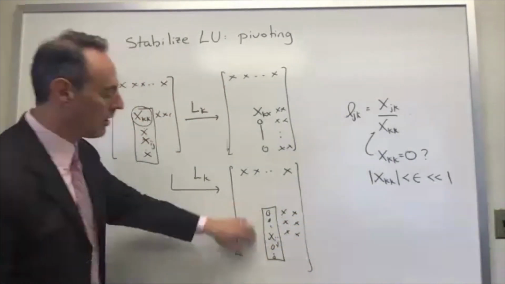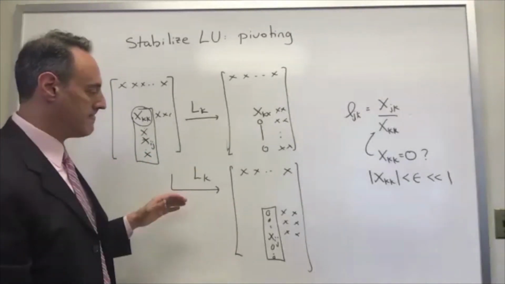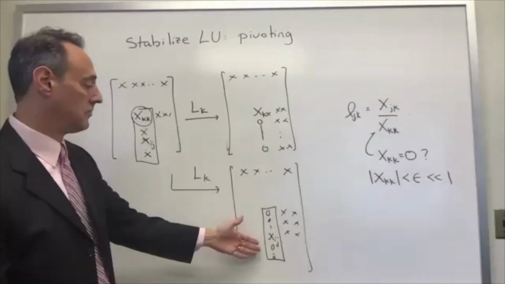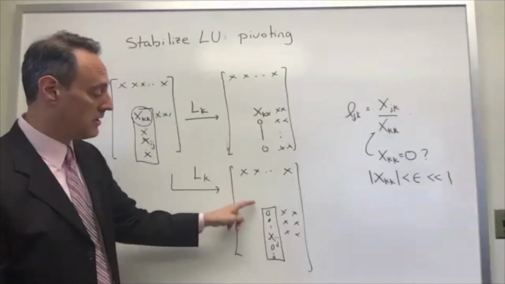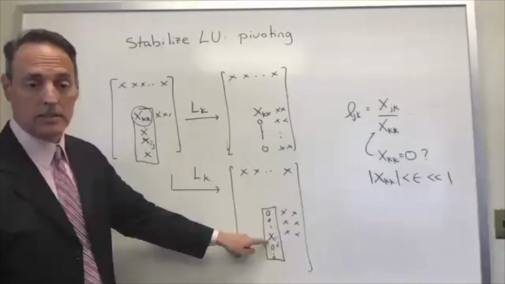So I'm really morally doing the same thing I did here. It's just that here I made everybody else zero except for the diagonal, some x of ij.